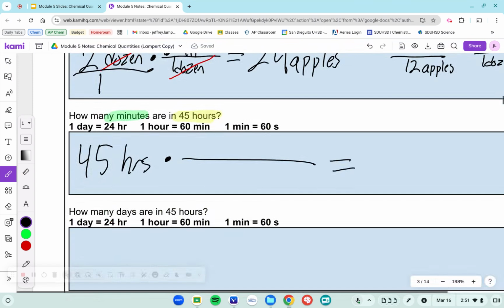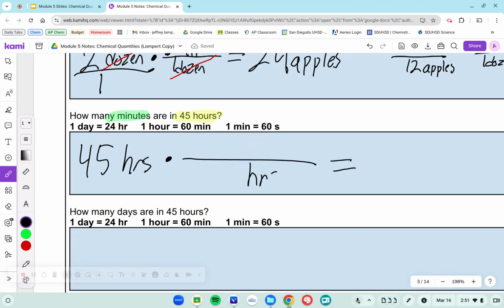So in this case, I want to get rid of hours because that's what I was given. I'm trying to get to minutes because that's what I want to end with. Now that I have my units filled out in my conversion factor, I just need to figure out my numbers. It tells me that 1 hour is 60 minutes.